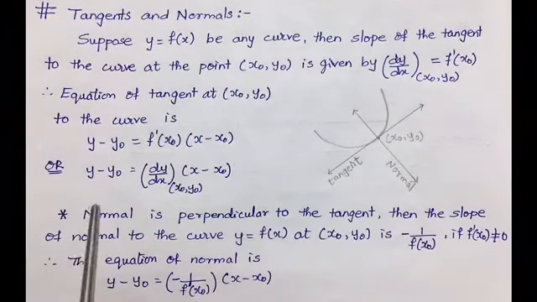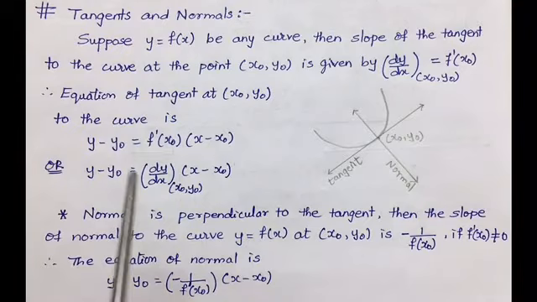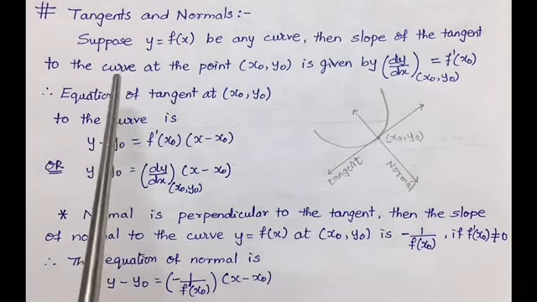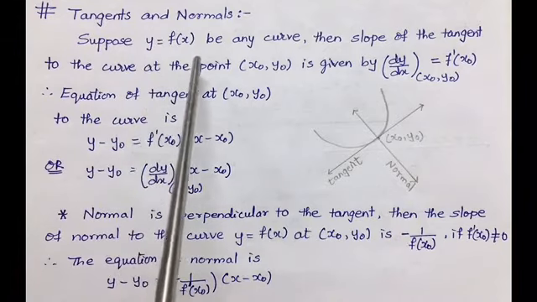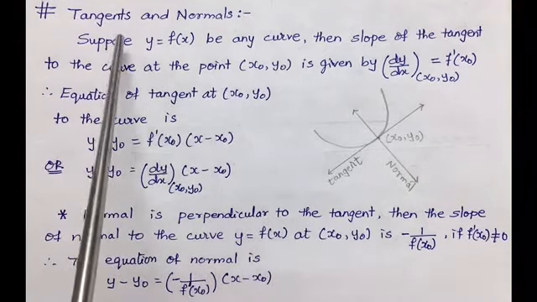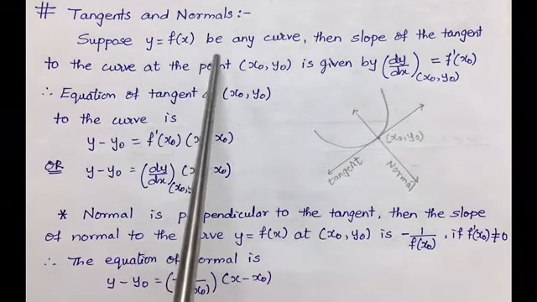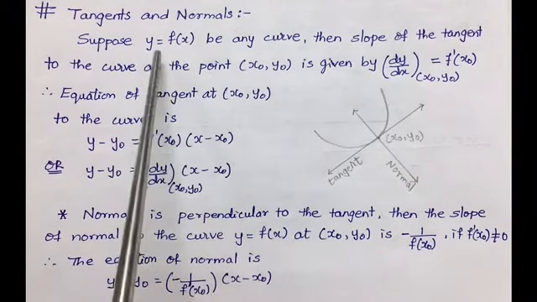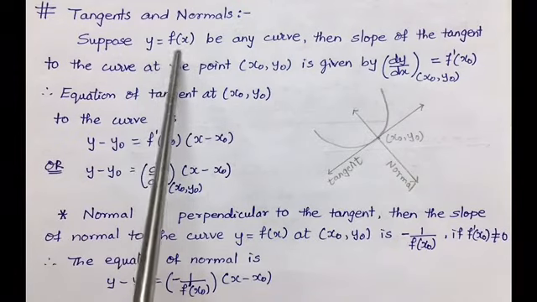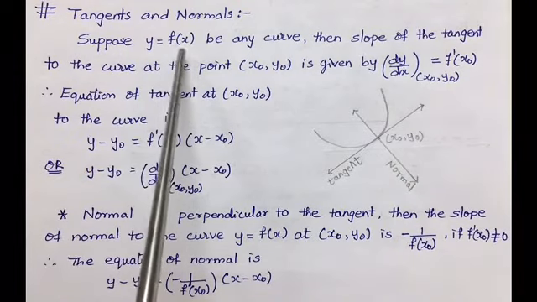The topic is tangents and normals. Now suppose y equal to f(x) be any curve. Tangents are always drawn to a curve, so whatever the function is assumed as y, it will be the equation of the curve.